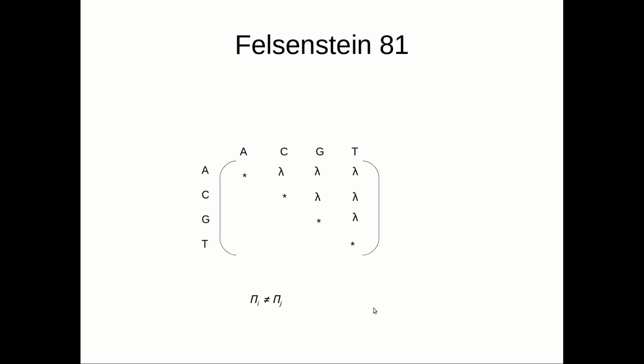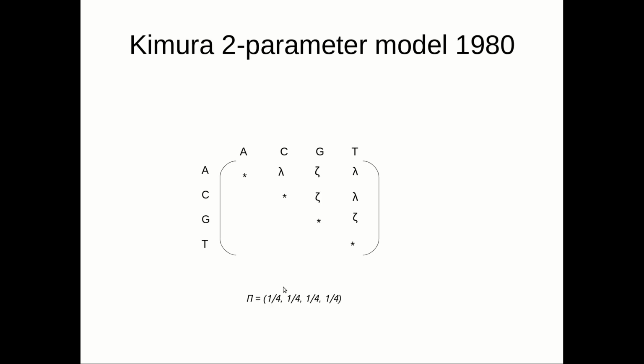Then if we want to make this a little bit more complicated, we can assume that we still only have one rate of evolution, but the stationary frequencies are allowed to be different. This is the Felsenstein 81 model, and then we can start adding more and more parameters to our model.